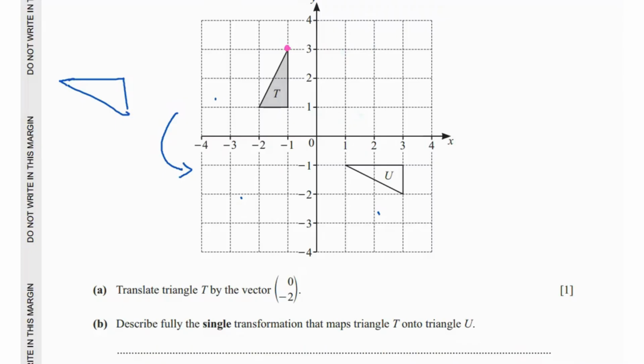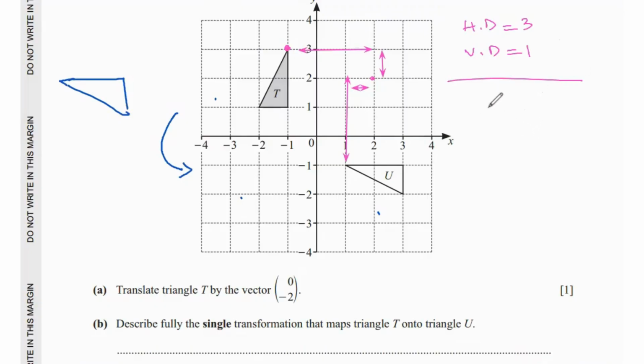Let's pick 2, 2. So for 2, 2, horizontal distance is 3, vertical is 1. Vertical is 3, horizontal is 1. Now this one works because our distances are swapping. Horizontal distance is 3, vertical distance is 1. This is for the original.